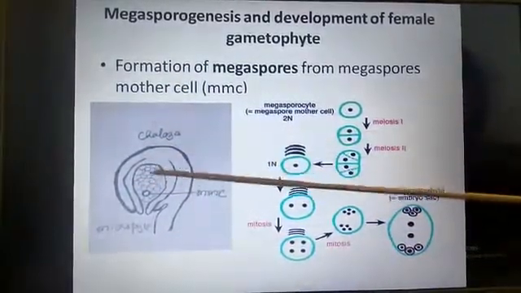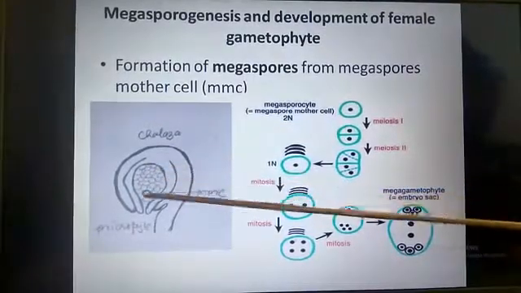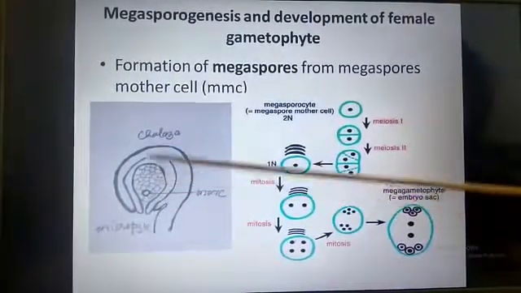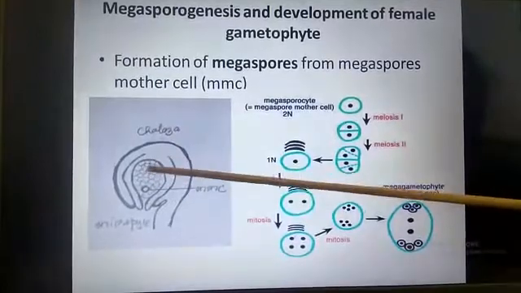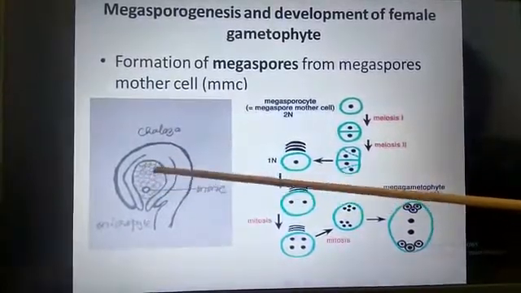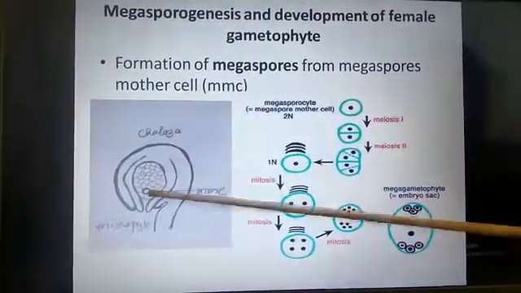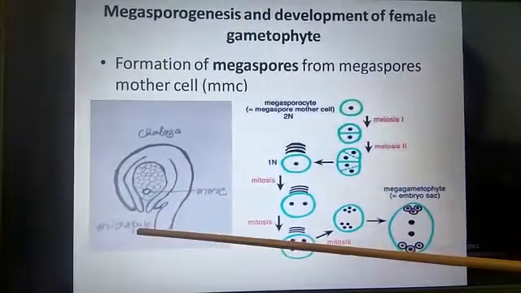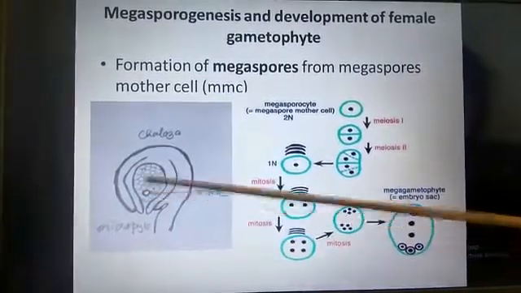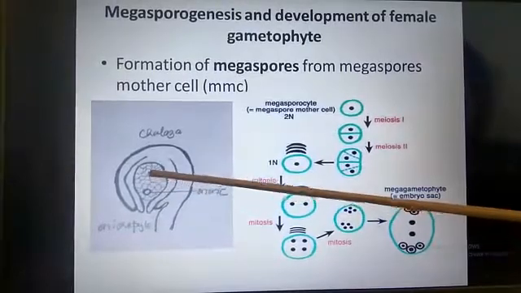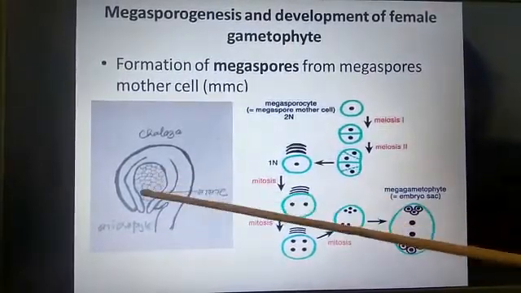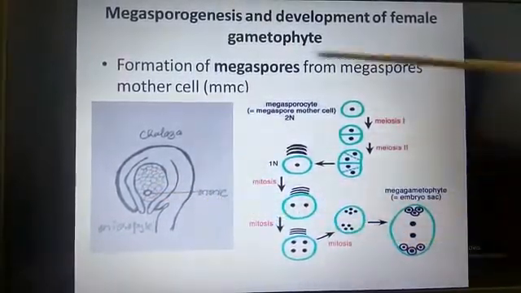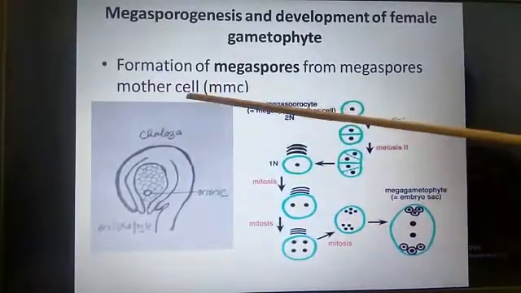I told you the central part of the ovule is occupied by a tissue called nucellus. Now from this group of cells, one cell towards the micropyle side becomes distinct from the rest of the cells, and this distinct cell becomes the megaspore mother cell.